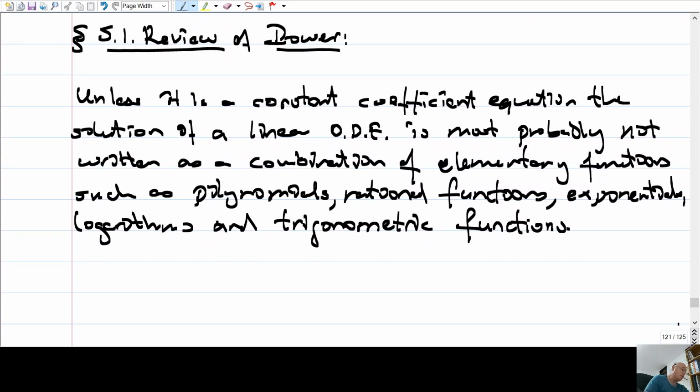So that's why we have to study series solutions of differential equations.